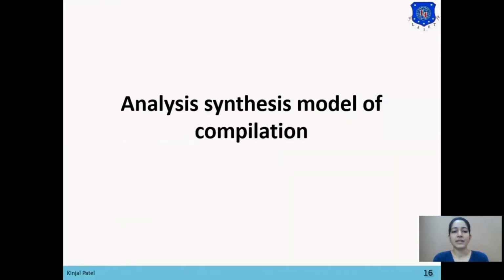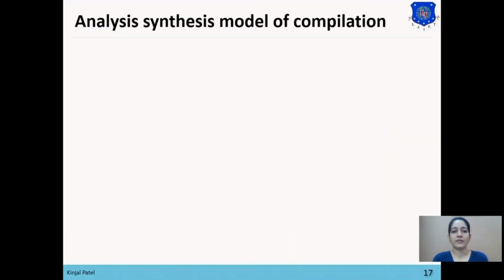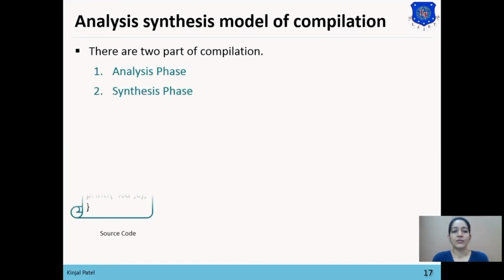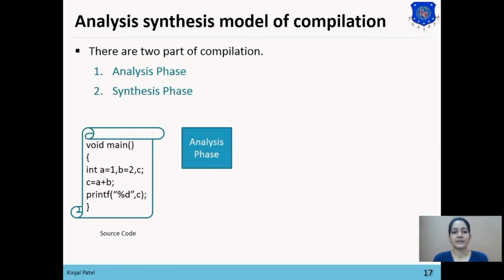Now the next topic is the analysis and synthesis model of compilation. So there are two parts of compilation. First one is the analysis phase and second one is the synthesis phase. So first our source program is passed to the analysis phase, and then the analysis phase converts it into an intermediate representation.